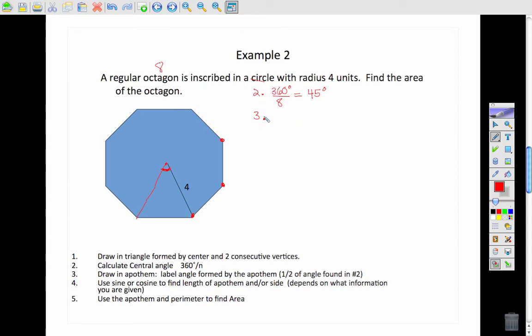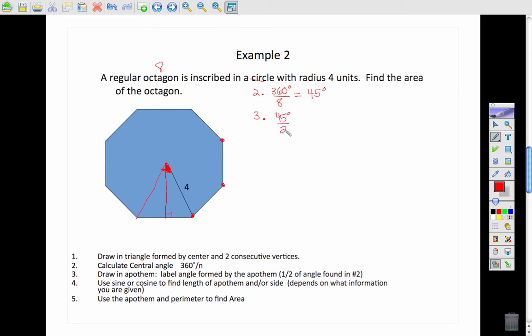Okay, now we're going to go on to step 3. Step 3 says draw in the apothem. That is from the center straight down to the midpoint of a side at a right angle. So we've of course formed a right triangle. Now the angle in just this half of that triangle is half of that central angle we just found.